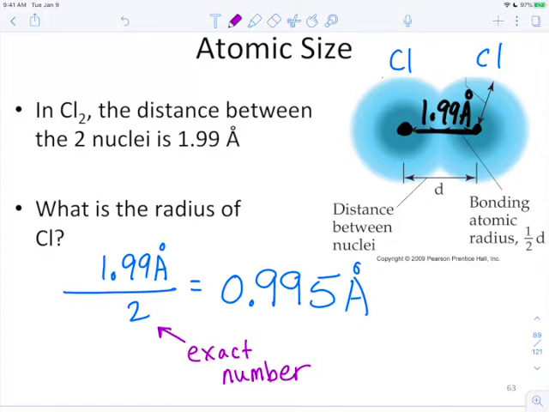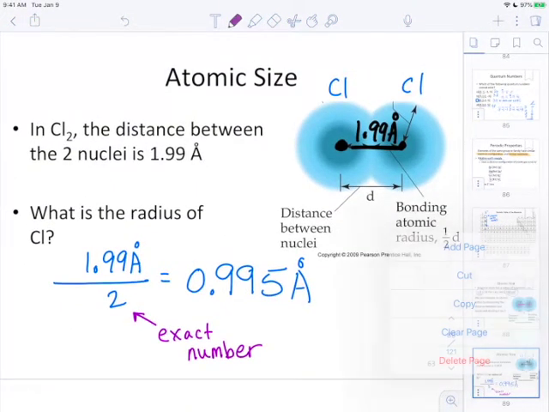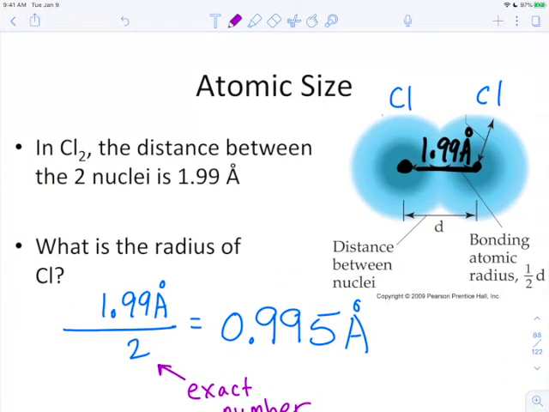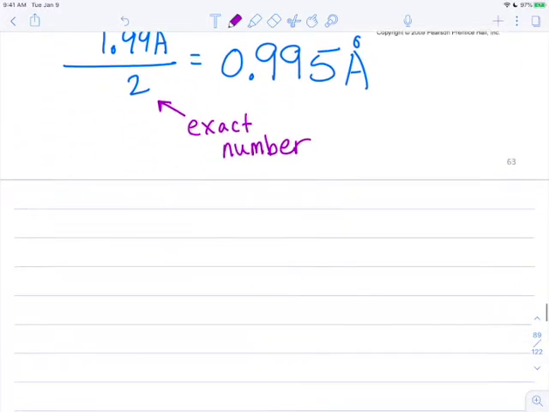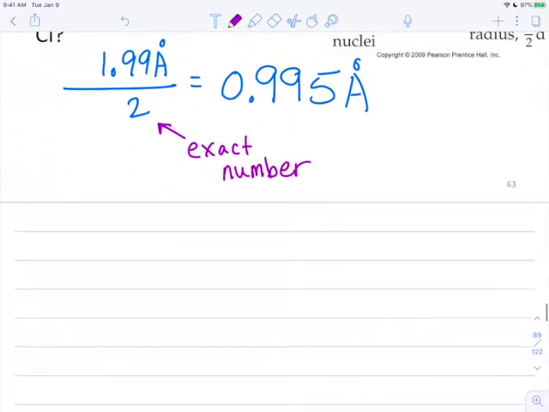Good question. So I hear a question about how we would convert it into picometers. So let's actually take a look at that. So here we have the conversion. 1 angstrom equals 100 picometers.